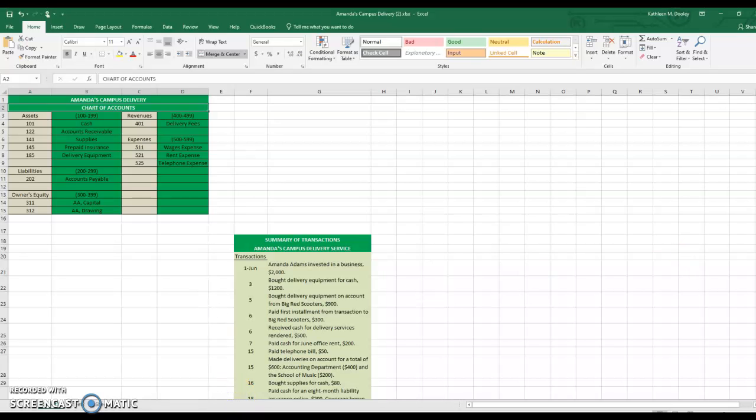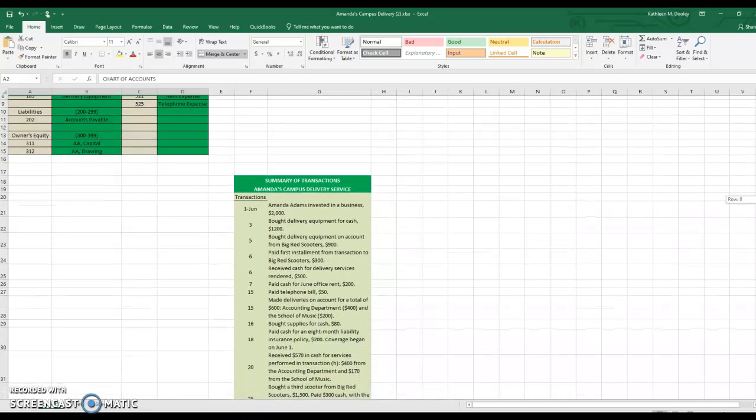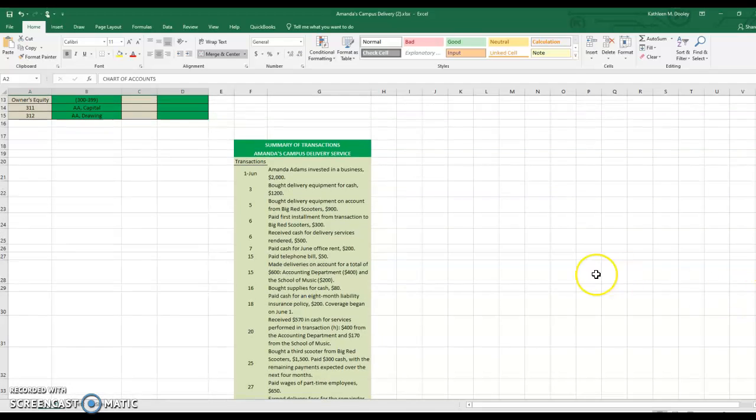All right, we're going to continue on with Amanda's and using the Excel analyzing sheets to do her transactions. The last ones that we had started working on was the fact that we made deliveries on account. And we said that we were receiving the fact that the customers owed us this money.